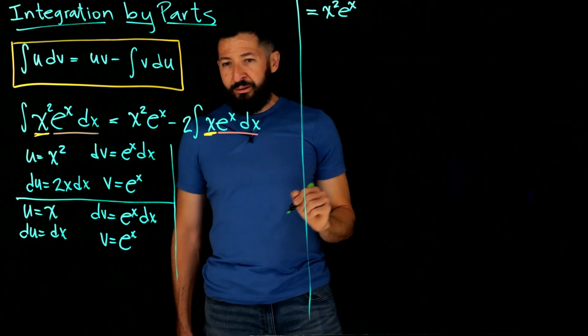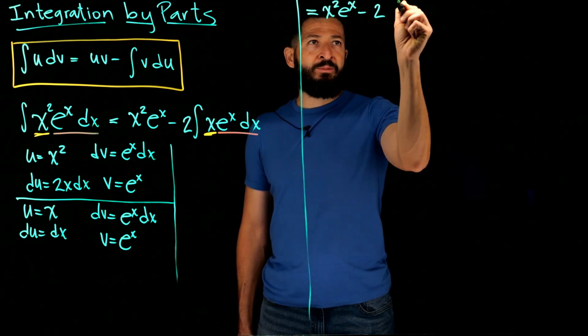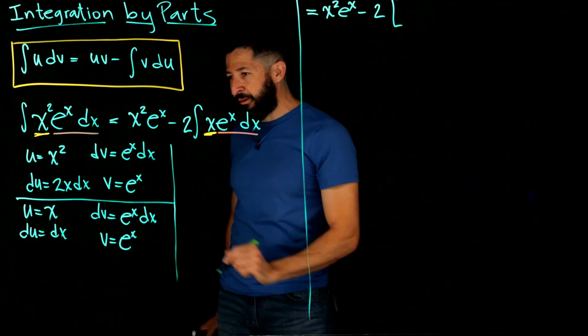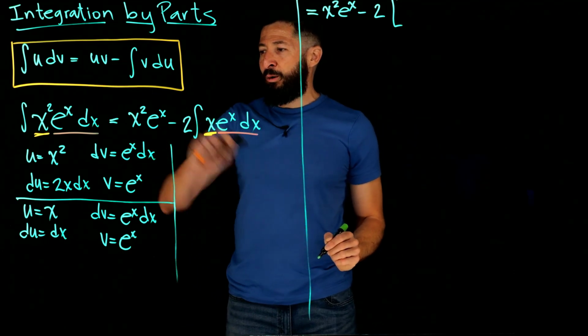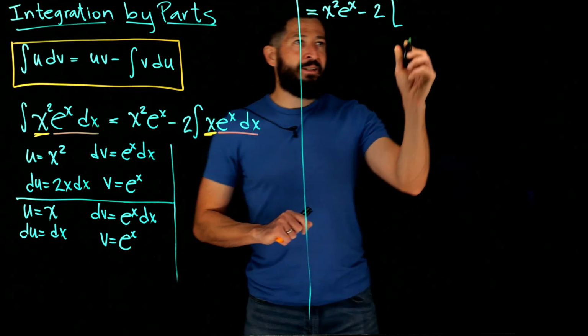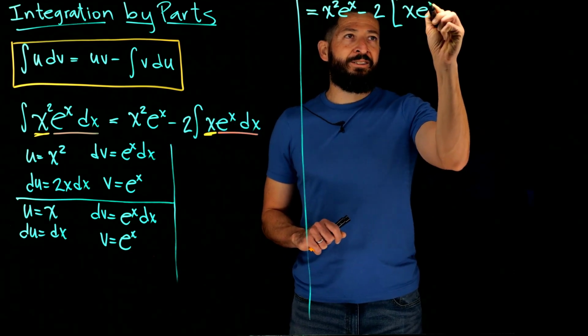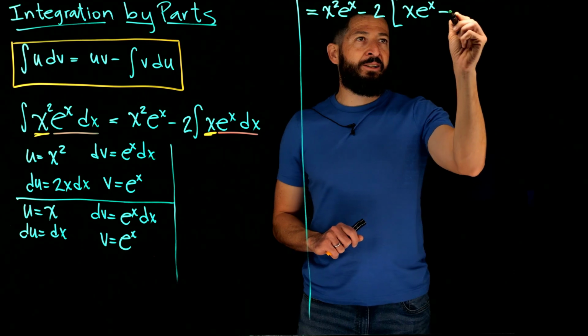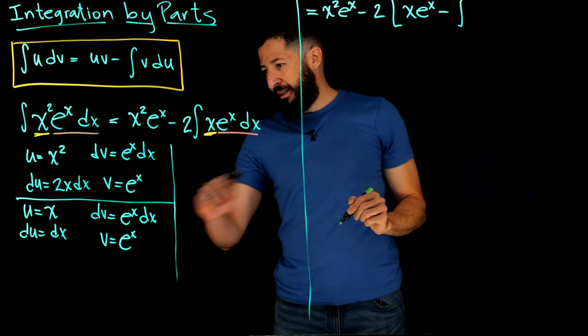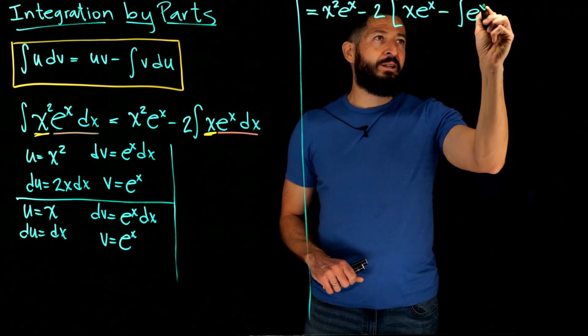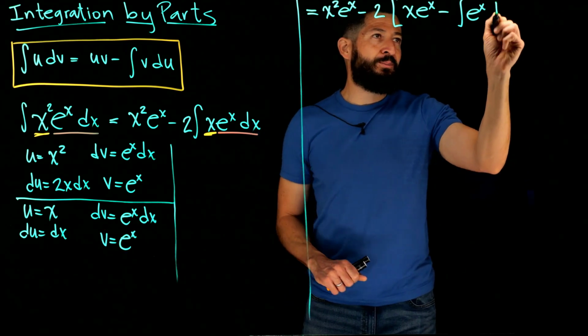So x squared e to the x minus 2 times, and I'm going to put the whole integral here. I'm going to use the same formula again, uv, x e to the x, minus the integral of v du, e to the x dx.